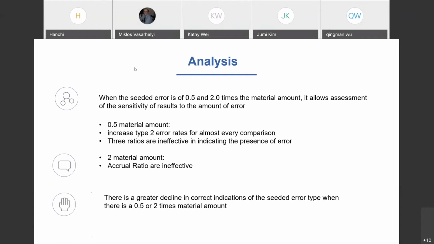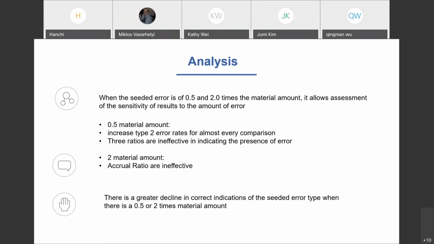When the seeded error is in this part, we want to do a sensitivity analysis of this data, and then we change the seeded error to 0.5 and 2 to test it. We find that when it's 0.5, less than normal, it increases the type 2 error rate for almost every comparison, and the three ratios are effective in indicating the presence of error.